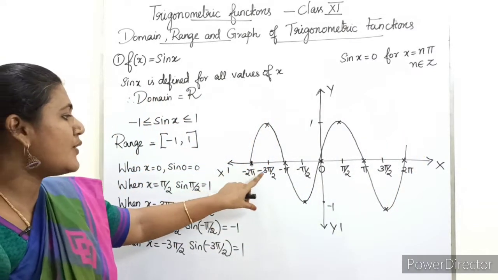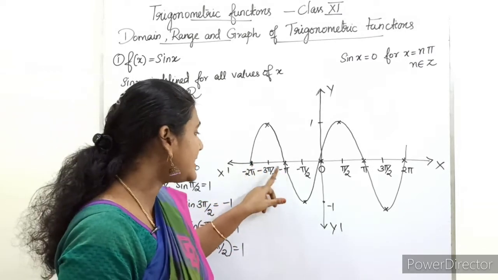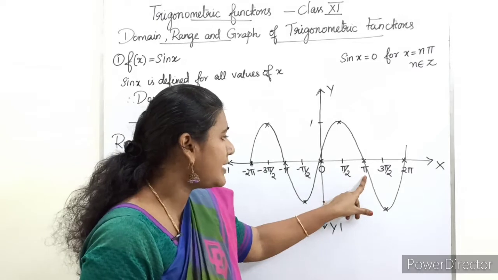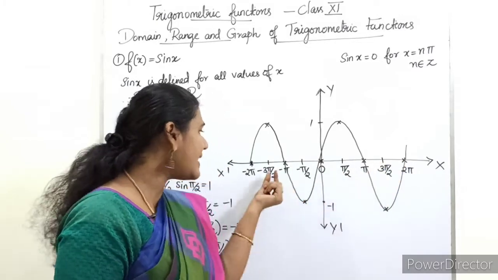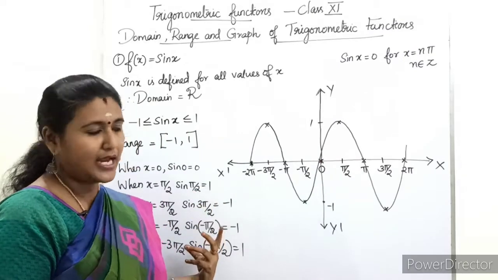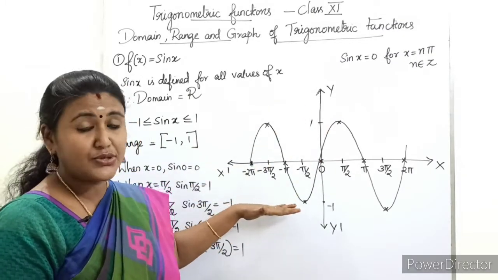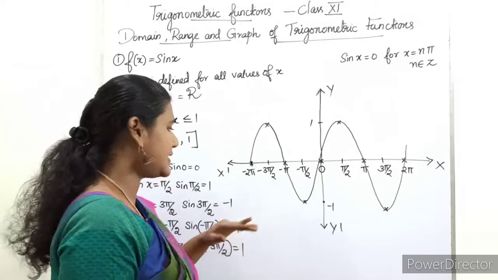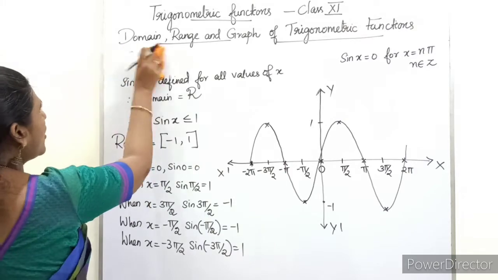This is how you have to draw the graph of sin x. You know that all the integral multiples of pi you can mark as 0, and for the other angles, you find the sine value, plot that point, and you will get the graph of sin x. Now the next function we will see, the second function, that is cos x.